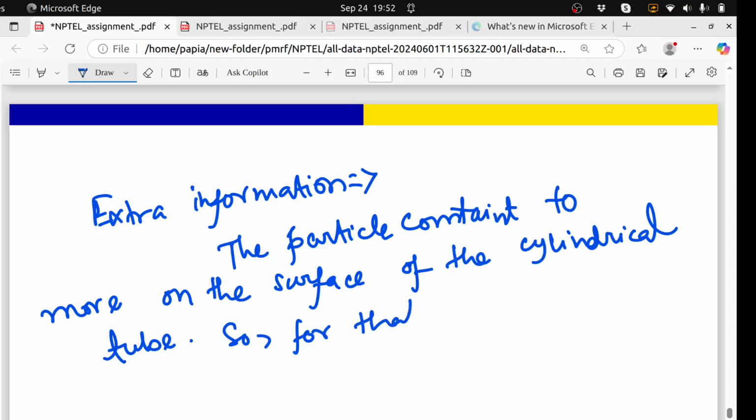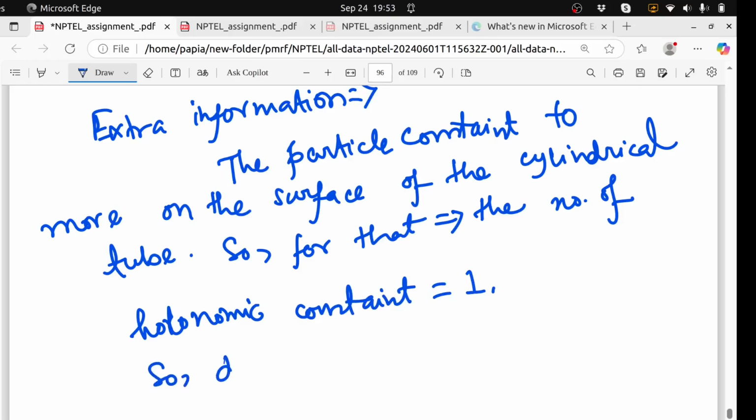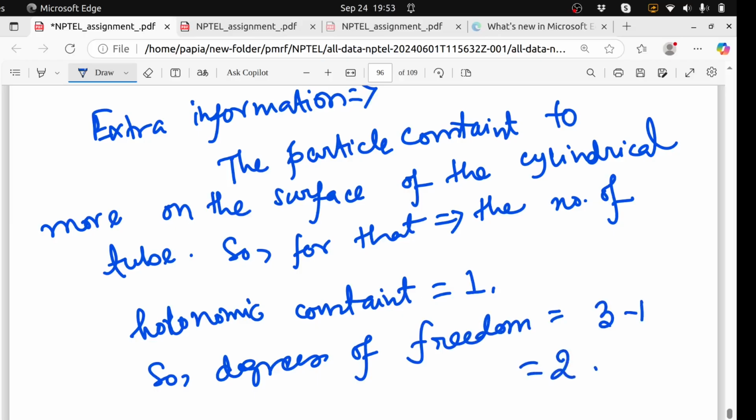For that, the number of holonomic constraints is 1. So the degrees of freedom is 3 minus 1, which is 2.